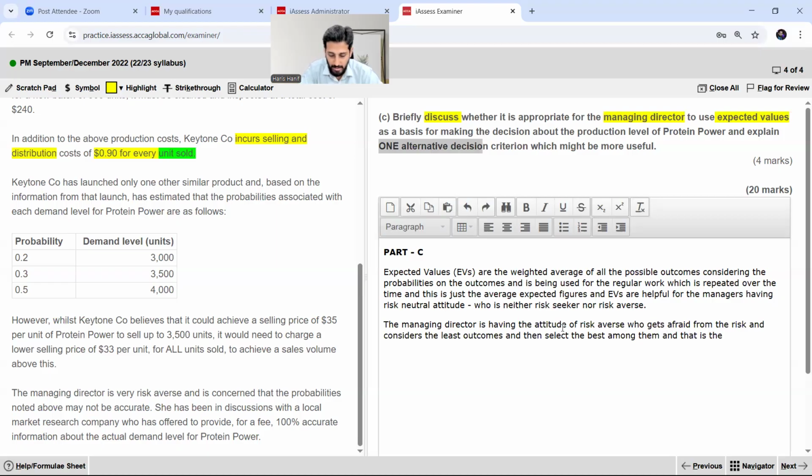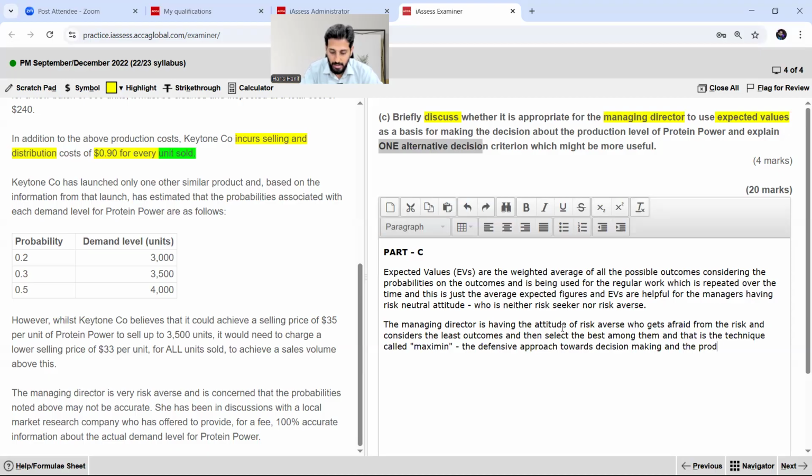And that is the technique called maximin, the defensive approach towards decision making.